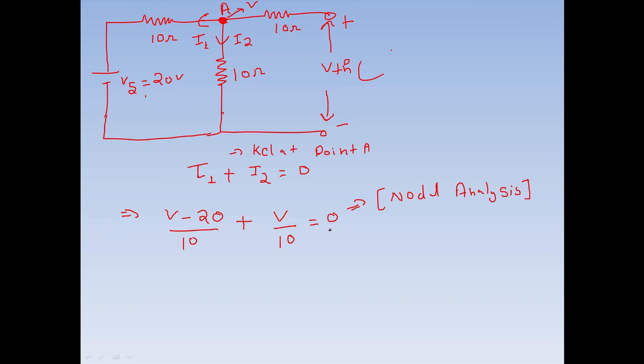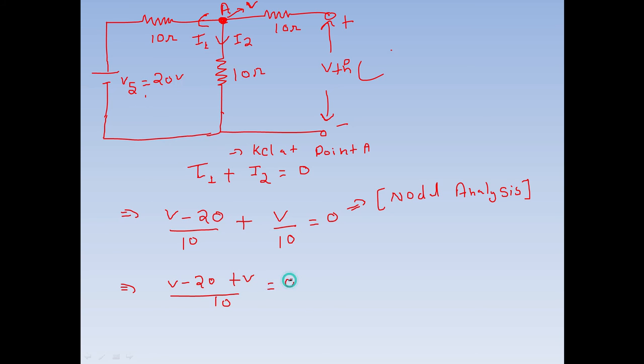Now by applying nodal analysis, I1 is equal to V by R. So I1 is equal to (V minus 20) upon 10, and V upon 10 is equal to 0. If we take the LCM, (V minus 20 plus V) upon 10 is equal to 0.